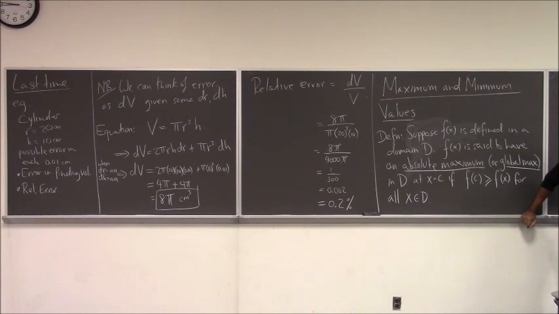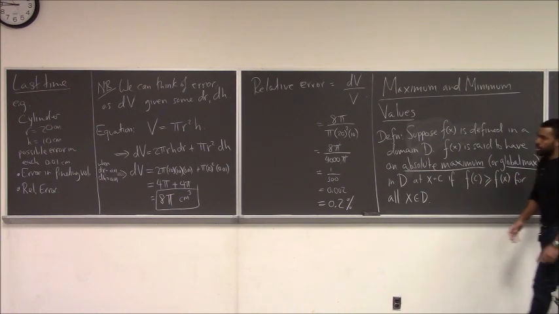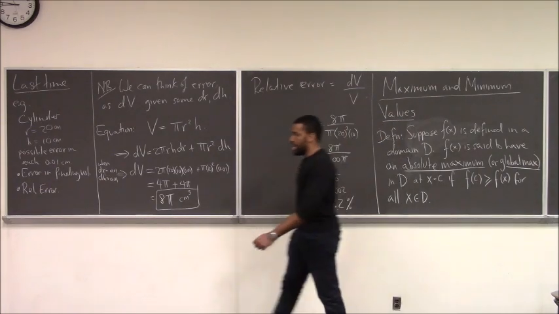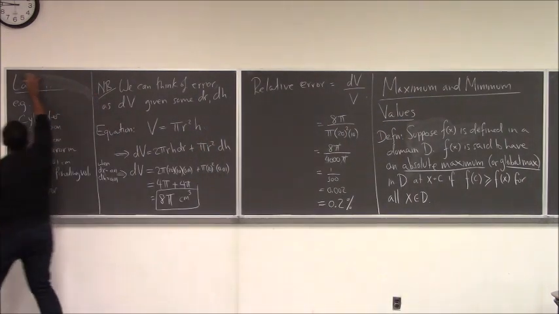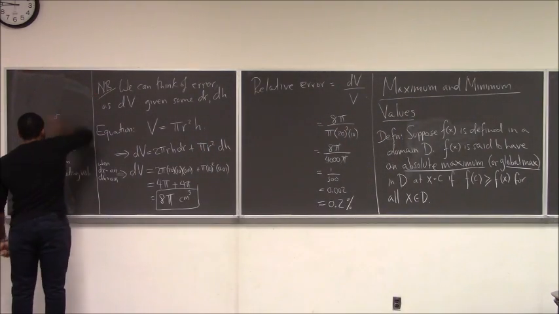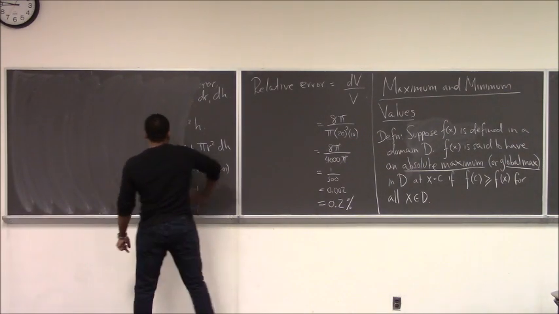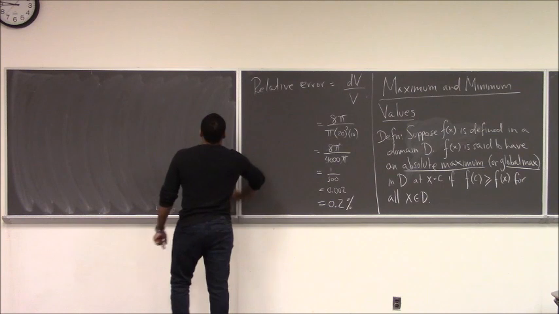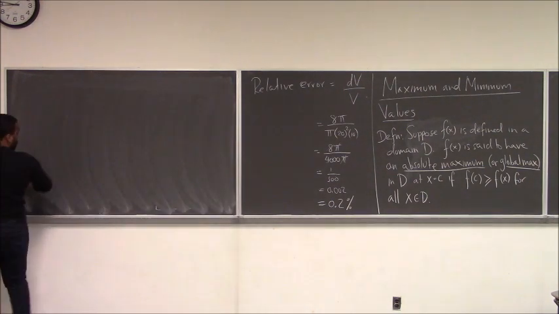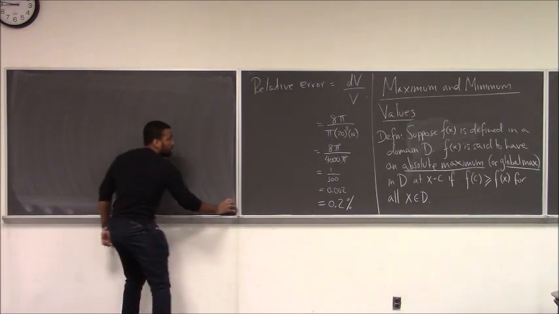Okay? So there is such a thing as a maximum y value across the entire domain. There is some guy who's bigger than everyone else. If such a guy exists, we call it the absolute maximum, or global maximum. This is the guy that's bigger than everyone on the domain for which the function is defined.